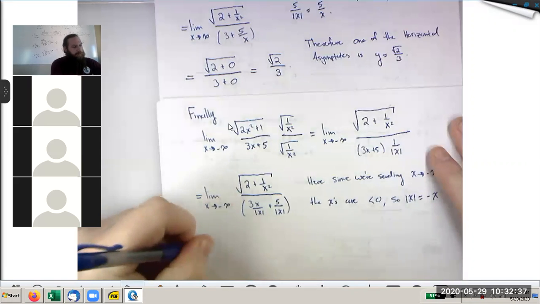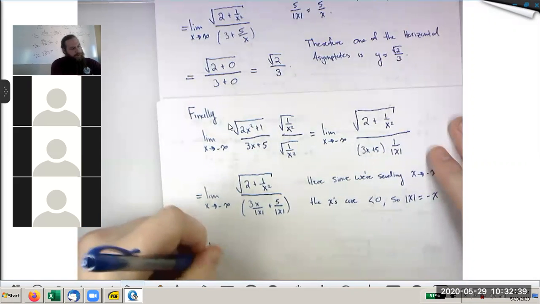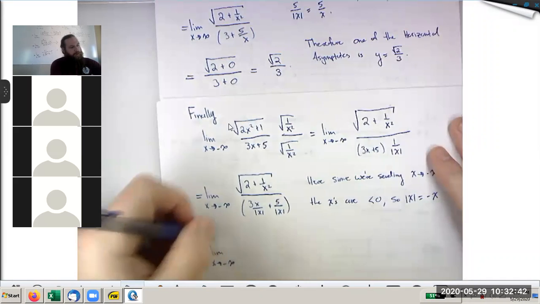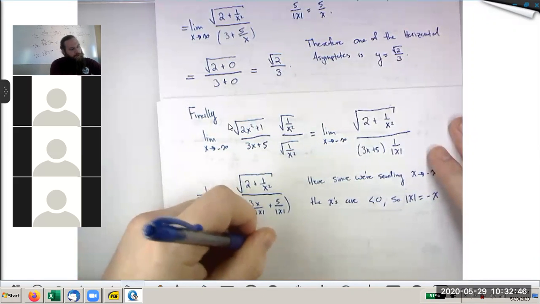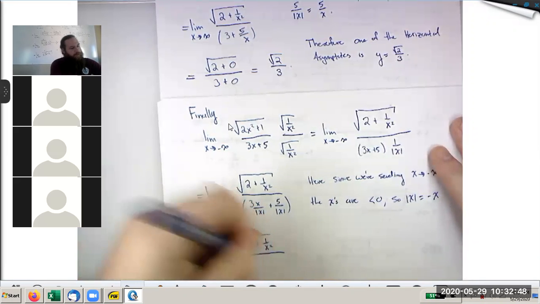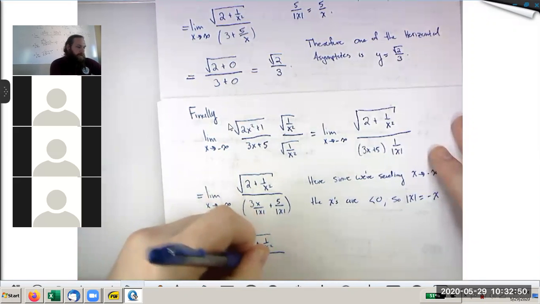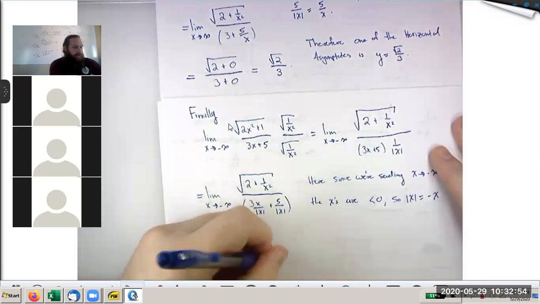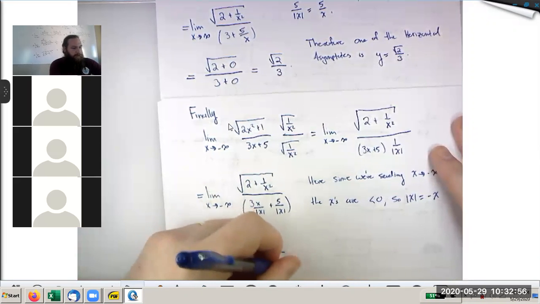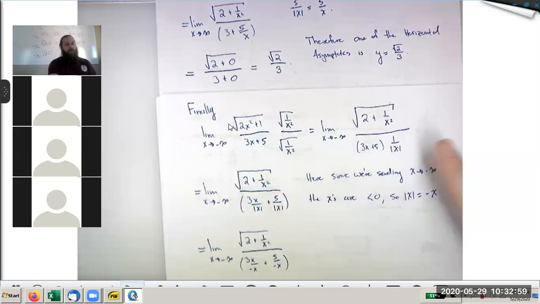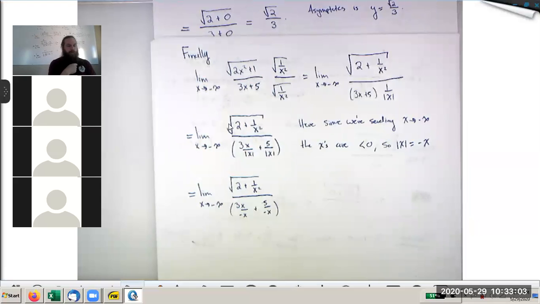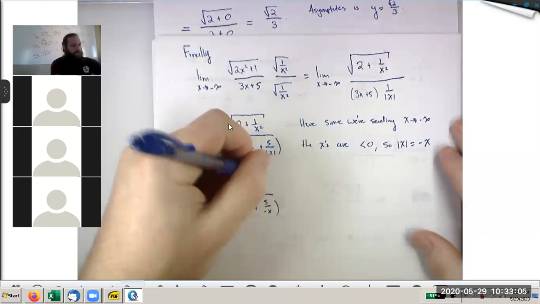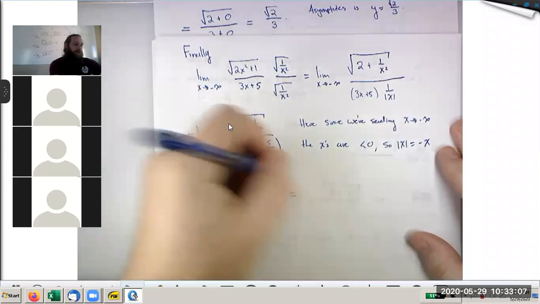So this becomes the limit as x goes to negative infinity of the square root of 2 plus 1 over x squared, all divided by 3x over negative x plus 5 over negative x. And now we can cancel downstairs.